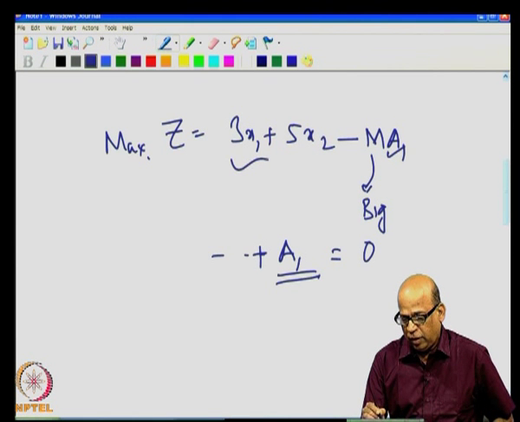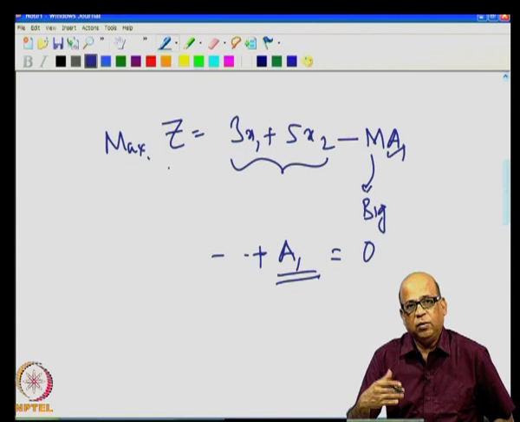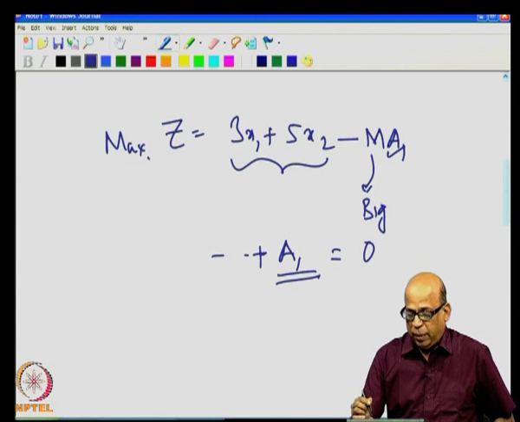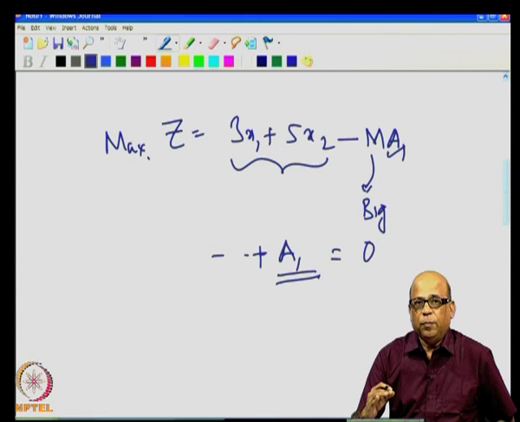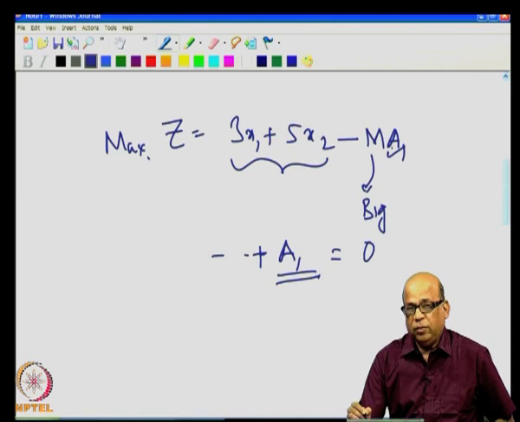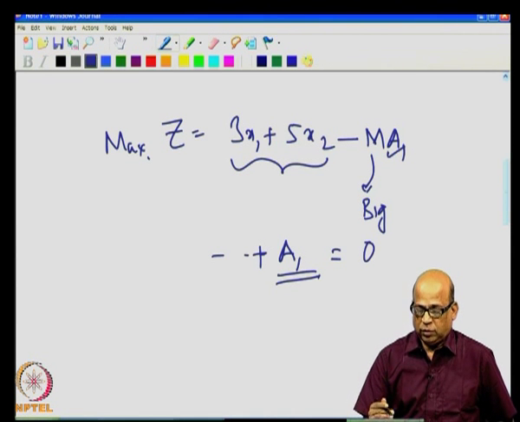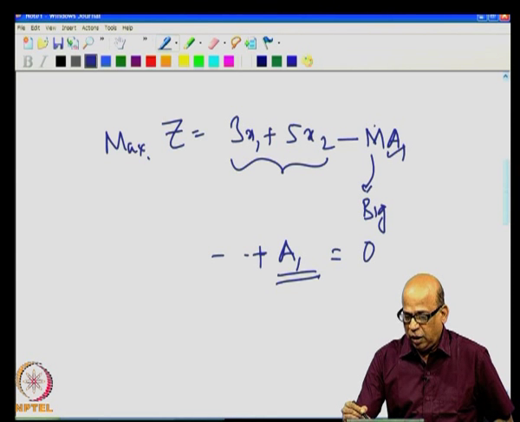You would like to increase the value of 3x1 plus 5x2, you would like to increase the value of z. By putting this penalty, you are actually pulling down the value of z, and therefore there is no incentive for the algorithm to put any value other than 0 here. That is what we do by penalizing the objective function with the big M method.